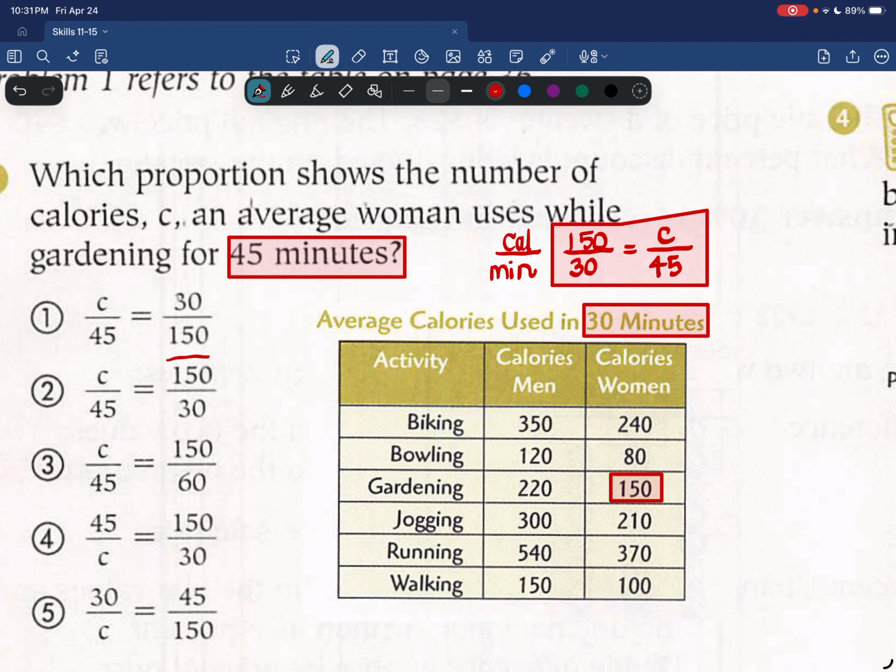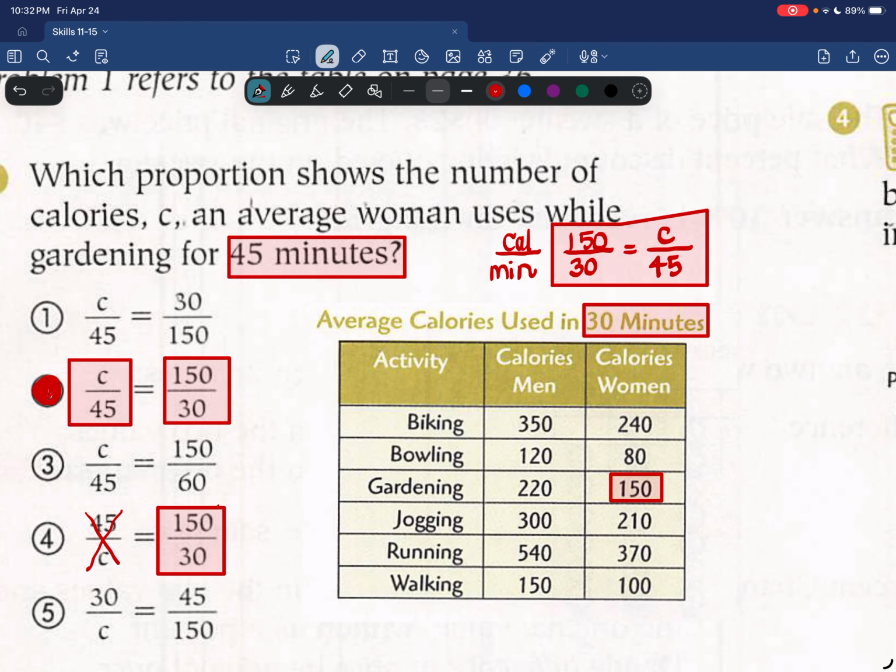So here is a 150 over 30 and a 150 over 30. So it has to be one of those two. And then a C over 45. So it's this one. It has to be in the right order. This one is not in the right order. So the answer we want is number 2.